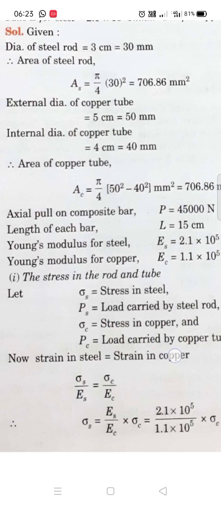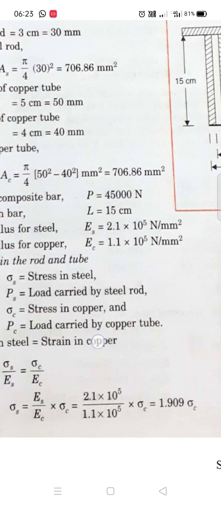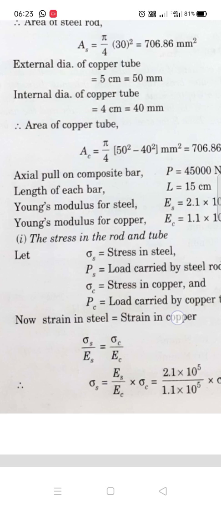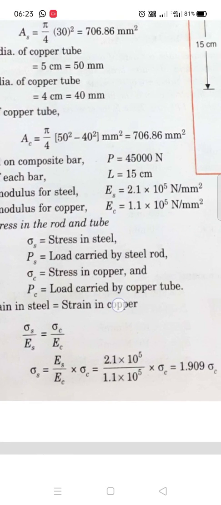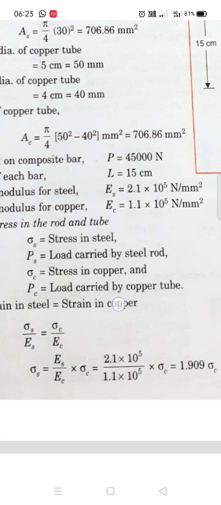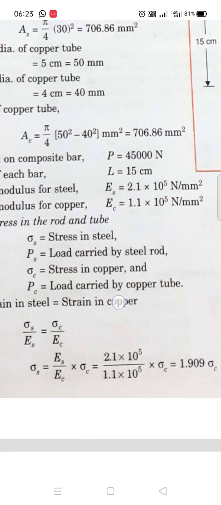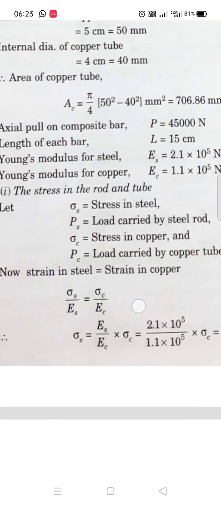Young's modulus of copper E_C is equal to 1.1 into 10 to the power of 5 Newton per mm square. The stress in the rod and tube: rho S, with load carried by the steel rod P_S, and the same for copper, rho C and P_C.